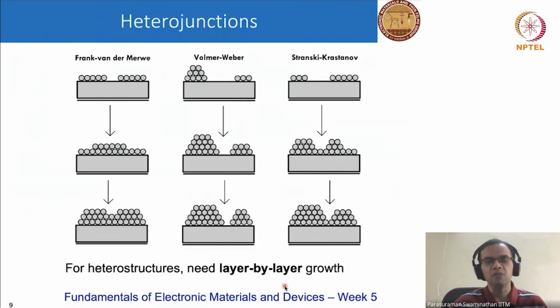There are other growth modes available, called Volmer-Weber, which is an island growth mode, or Stranski-Krastanov, which is a layer plus island growth mode. But for a heterojunction, we need what is called the Frank-van der Merwe method, or layer by layer growth.